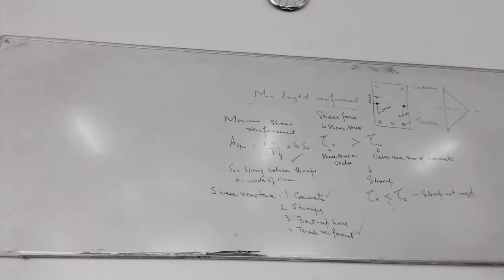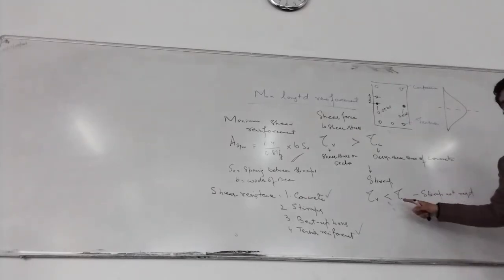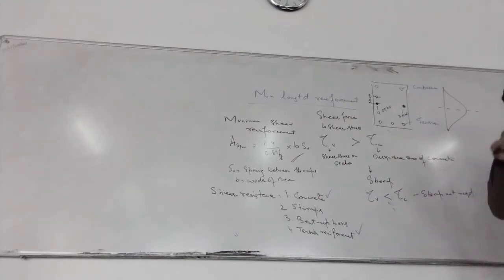You do not require it. Tau v is less than the design shear strength provided by concrete and tension reinforcement. Then why do we provide it there? जवाब दो, डरते क्यों? हम क्यों प्रोवाइड करते हैं इसको?